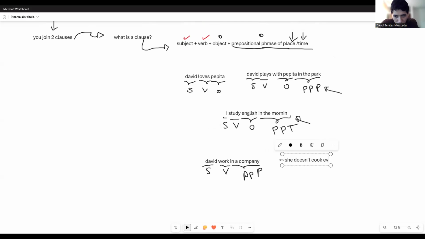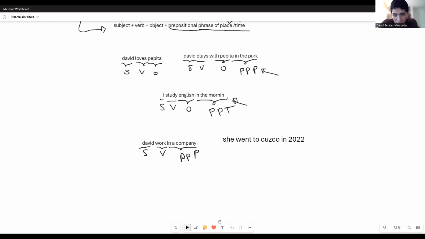And the last one, maybe you say, she went to Cusco in 2022. She is the subject. Went is the verb, in the past, of course.